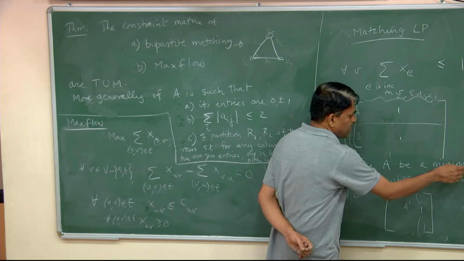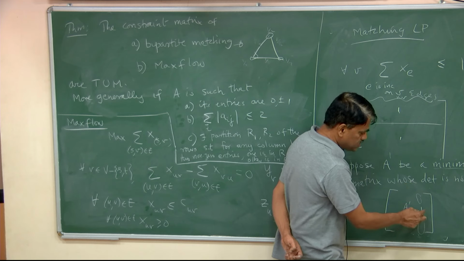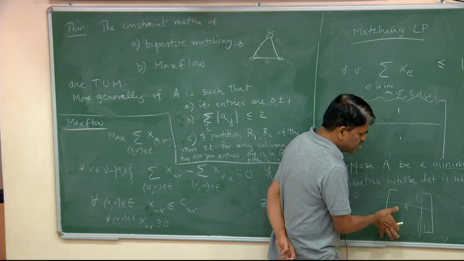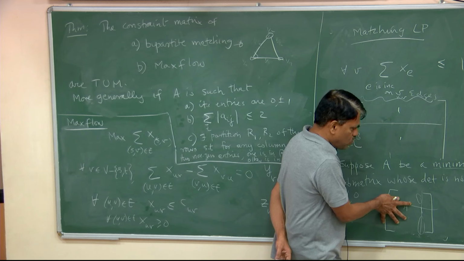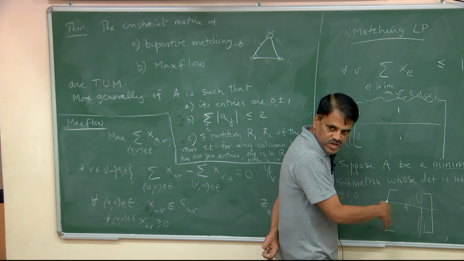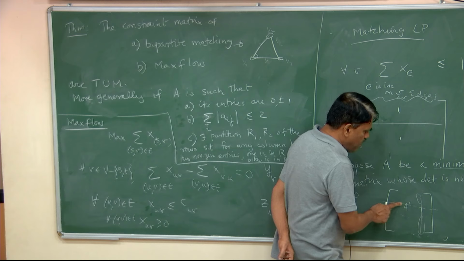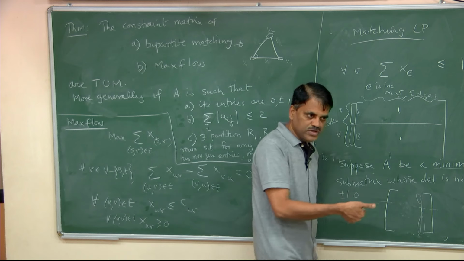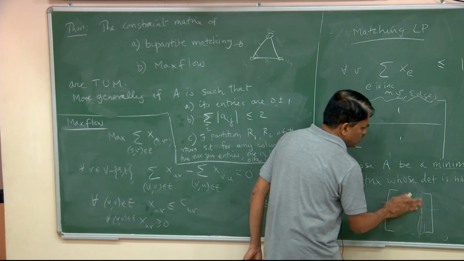It contradicts its minimality, because if I expand by this column, the determinant is this entry times the determinant of the submatrix left after removing its row and column. So if this is not +1, -1 or 0, that smaller submatrix also satisfies this condition. So what does this mean? Every column has exactly 2 non-zero entries, because it cannot have 0 non-zero entries and it cannot have 1 non-zero entry.